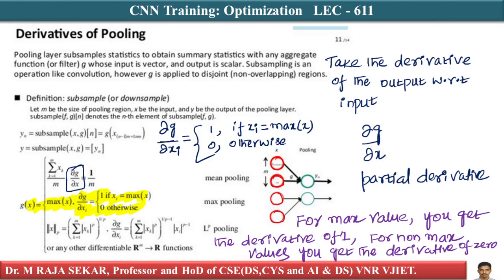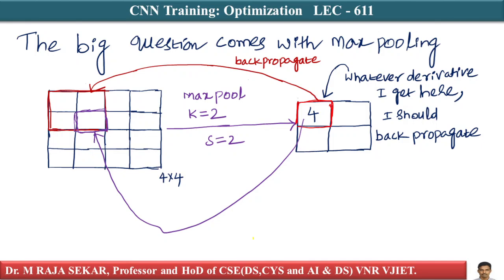For the non-max values you give a derivative of 0, because non-max values do not define what the output is here. In the case of non-max values, just see here, the non-max values are 1, 2, 3. They do not define the output. Here 4 is the maximum value, and it is defining the output.